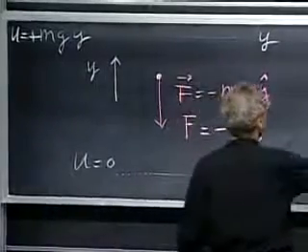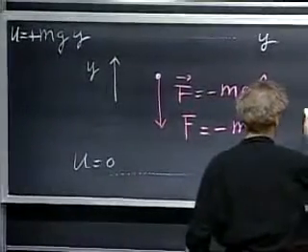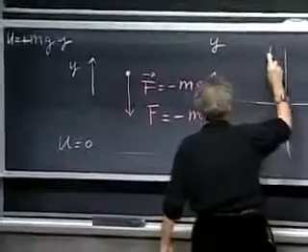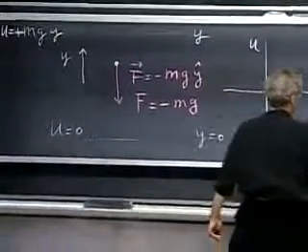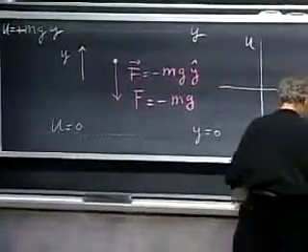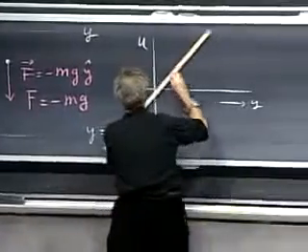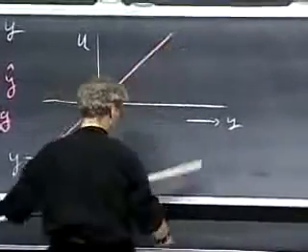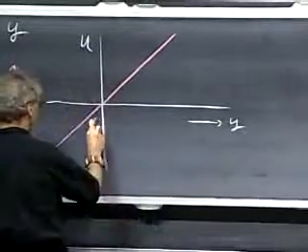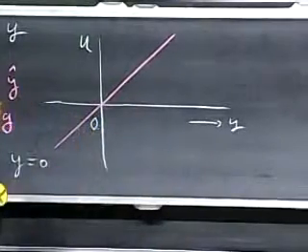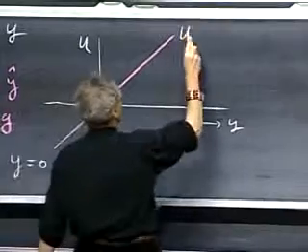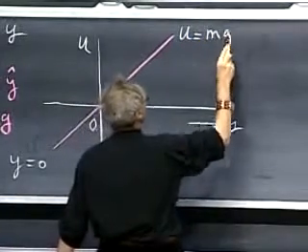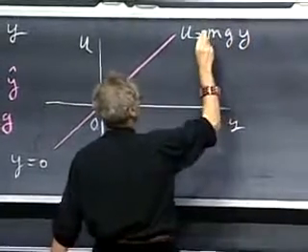So if I make a plot of the gravitational potential energy as a function of y, then I would get a straight line. This is 0. So u equals mgy, plus sign.